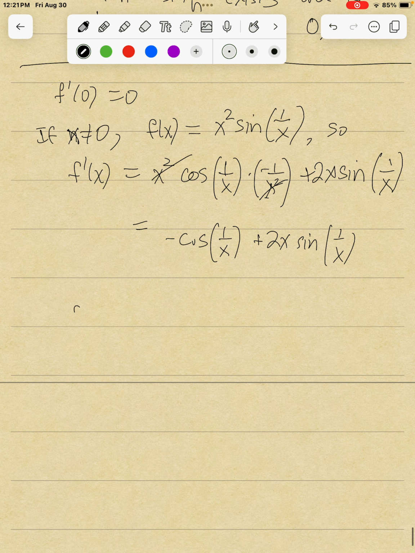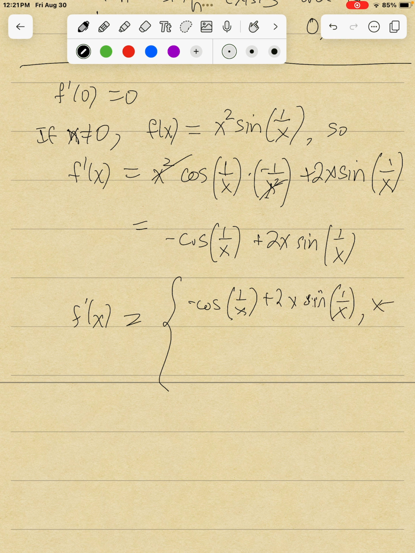Therefore f prime of x is equal to negative cosine 1 over x plus 2x sine of 1 over x if x is not 0, and it's equal to 0 if x equals 0.